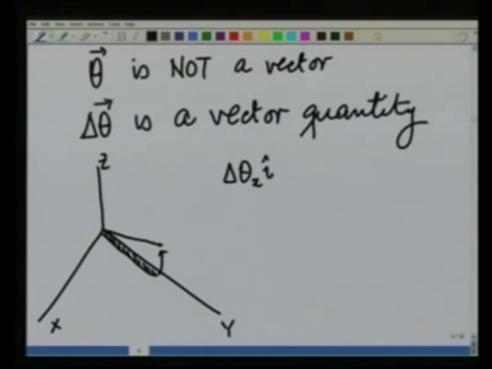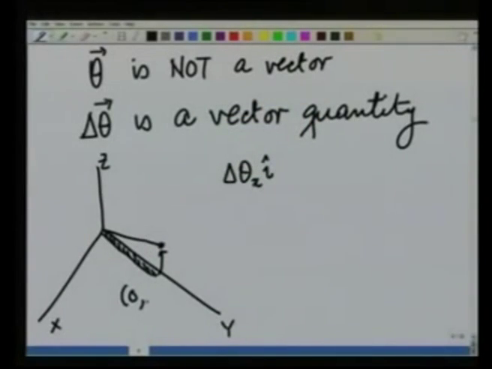After this rotation, what about its new coordinates of this end? To start with, this was 0, L and 0. You will see that x prime remains 0. This angle is delta theta x.